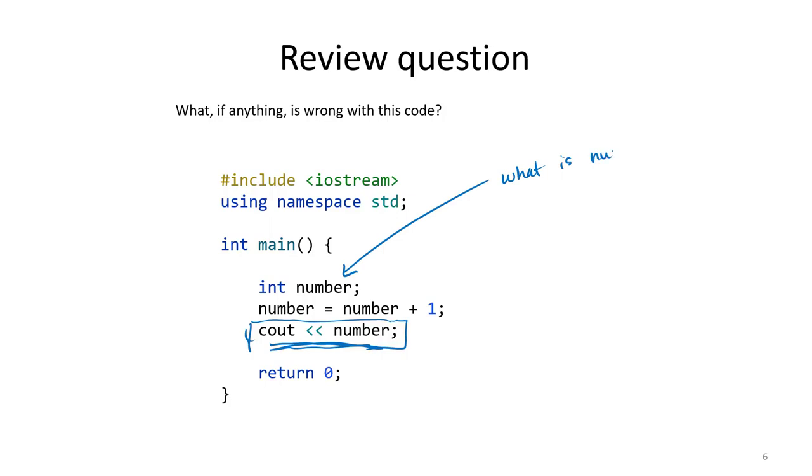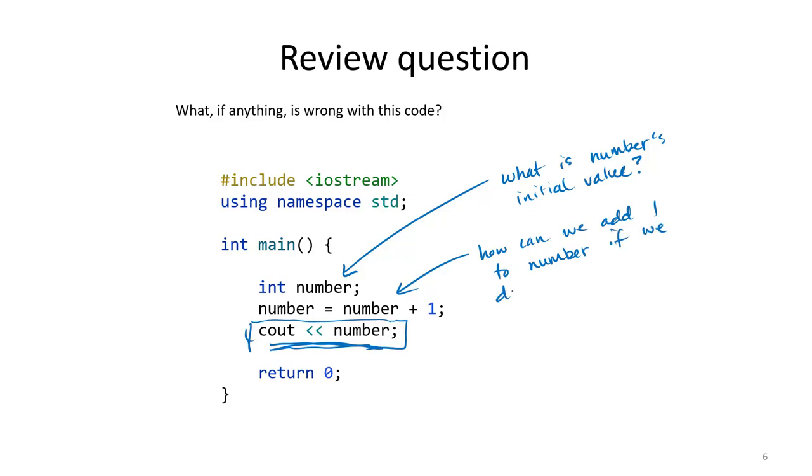What is number's initial value? Now, how can we add 1 to number if we don't know what number is?